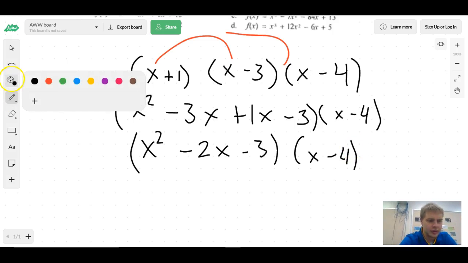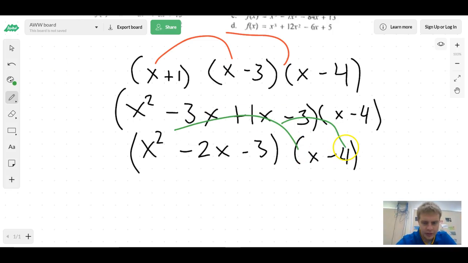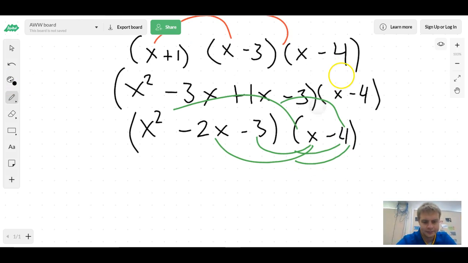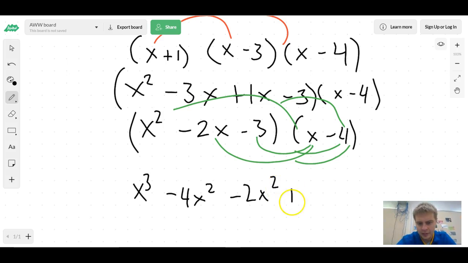Now we're going to distribute again. That's going to go there and there. This is going to go here and here. And that's going to go here and here. So let's distribute through one more time. We're going to get x cubed minus 4x squared minus 2x squared plus 8x minus 3x plus 12.